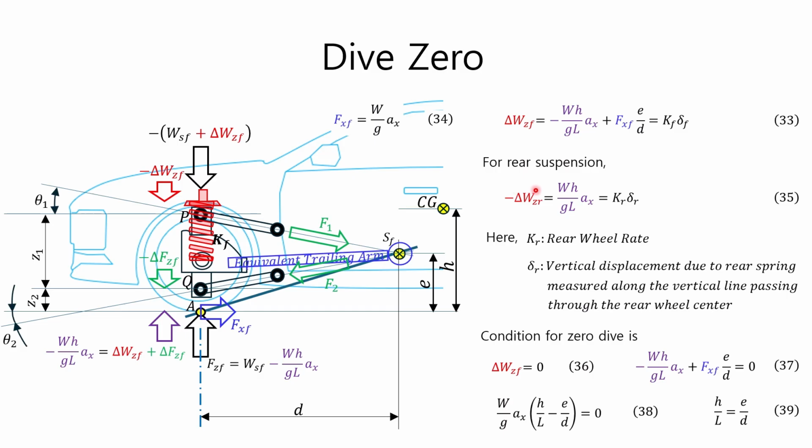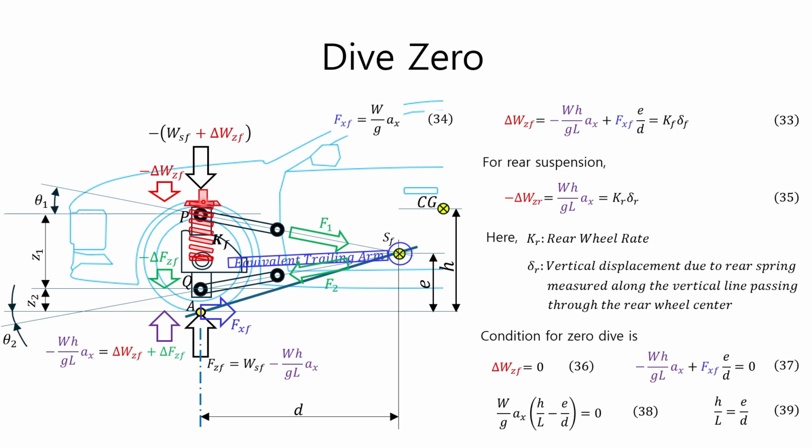Here, delta WZR is the rear spring force, converted into a force acting along a line passing through the rear wheel centers and perpendicular to the road surface. In equation 35, Kr represents the rear wheel rate, and delta R represents the displacement of the rear springs, measured along the vertical line passing through the rear wheel centers.